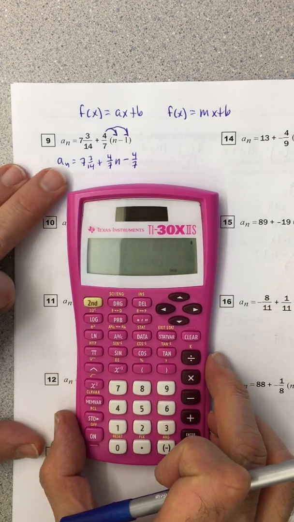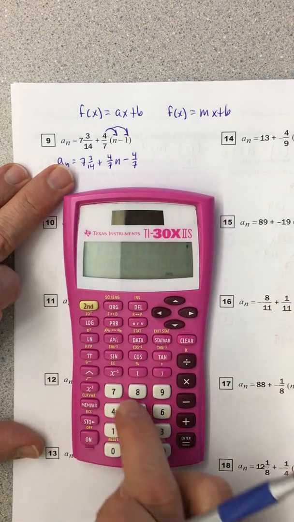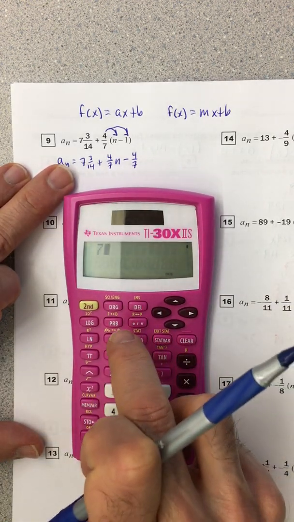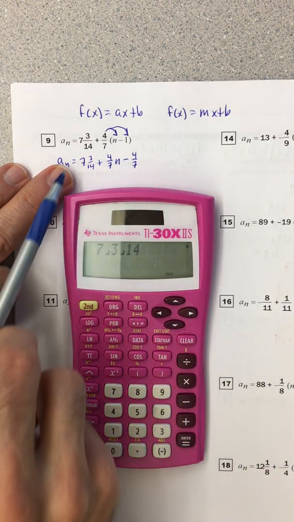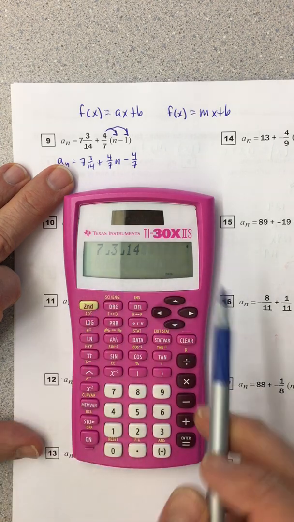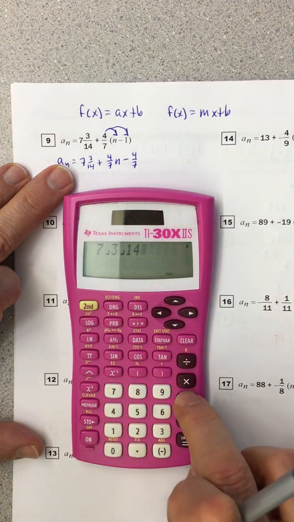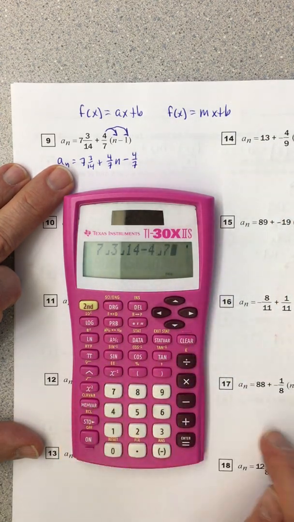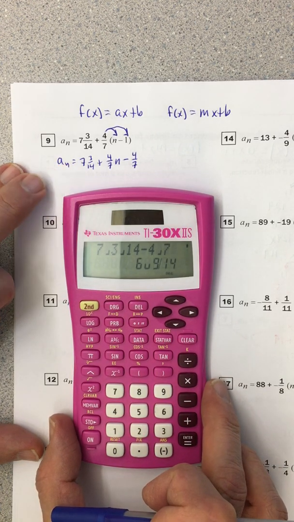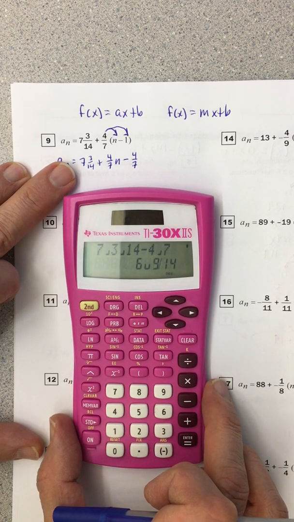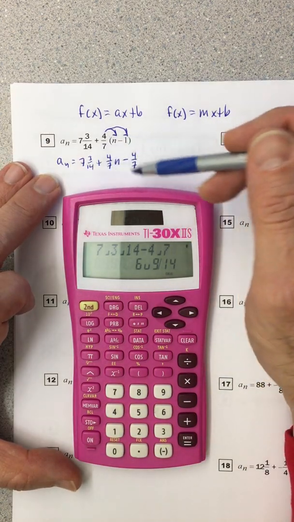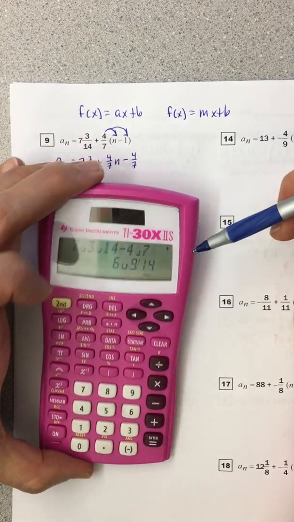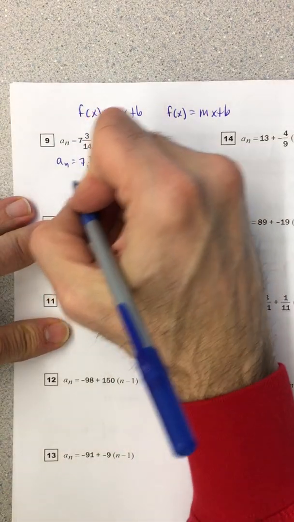Clear out the old stuff. 7 and 3/14. 7, ABC 3, ABC 14. That's 7 and 3/14 right there. Take away 4/7, minus 4, ABC 7. 6 and 9/14. 7, take away a little bit, is 6. Yeah, okay, that makes sense. 7 minus half, so that's 6. Got it. 6 and 9/14.